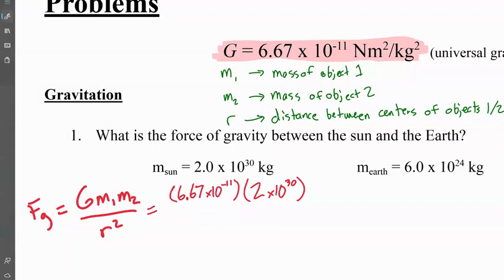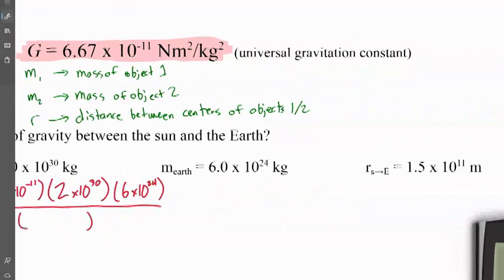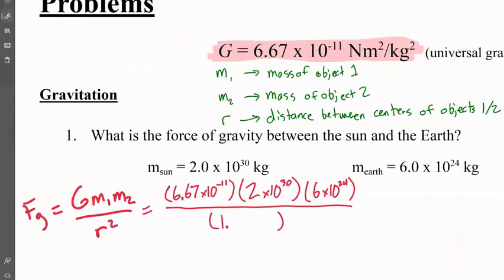For m2, we're looking at what the sun also has a gravitational force with: it's the Earth, 6 times 10 to the 24th kilograms. And then that is divided by r squared. The distance between the centers is 1.5 times 10 to the 11th meters, and it's r squared. Don't forget that squared.